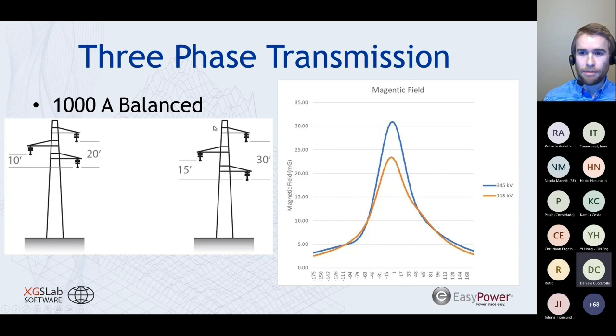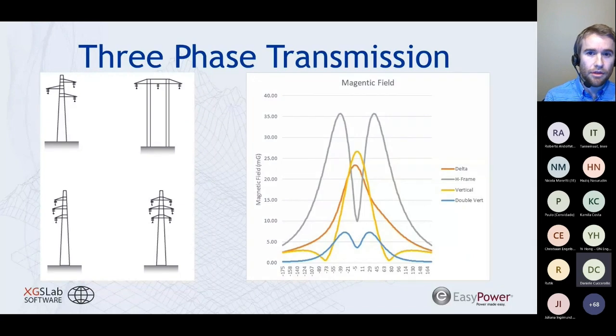And if we compare that to a 345 kV transmission line, where we have much greater separation from one phase to another, we end up with a greater magnetic field along the right-of-way due to the greater separation from one phase to another. Essentially what we're seeing is that the phase closest to the earth is having a greater effect for our magnetic field that could be inducing on nearby metallic objects.